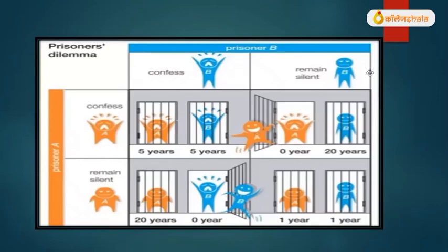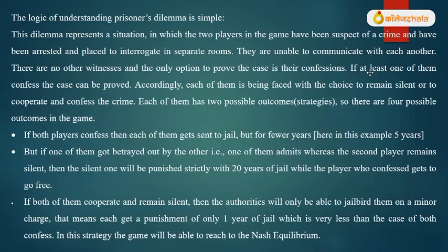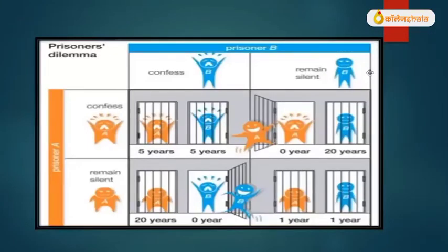If both of them confess, the first cell, the upper left corner, shows 5 years of jail for both. That means when they both confess, they will have 5 years of jail as punishment.